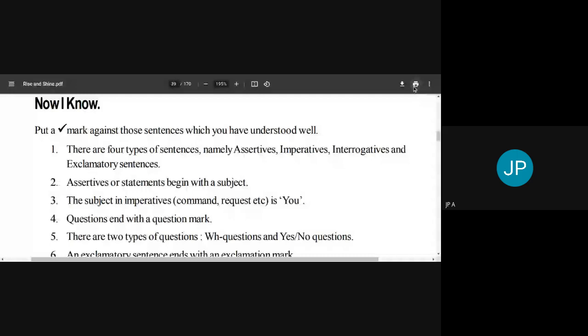Okay, these are the four types of sentences: assertive sentences, imperative sentences, interrogative, and exclamatory sentences. Assertive sentences, they begin with a subject. For example, when I say the flowers are beautiful എന്ന് ഞാൻ പറയുമ്പോൾ, when I say this, the flowers are beautiful, the flowers is the subject.